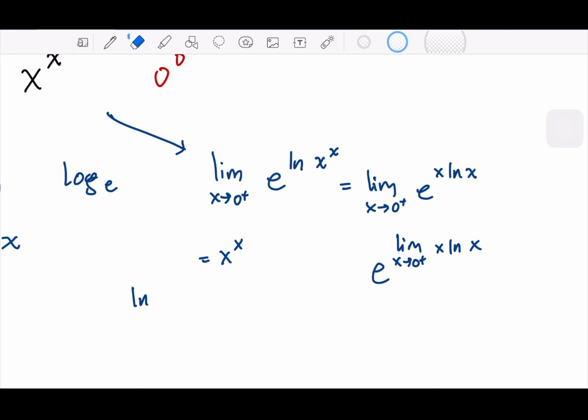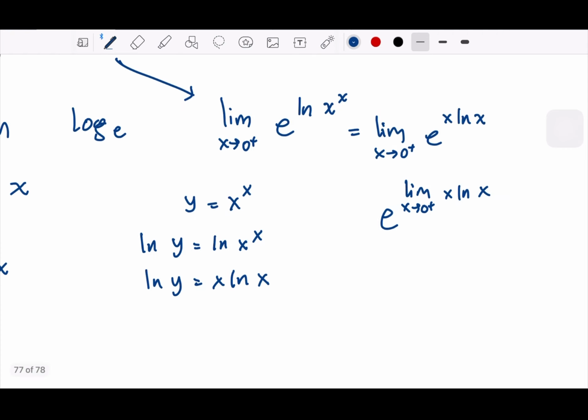I think we better use y, and then ln y is ln x to the power of x, and then you can take ln y, x ln x, and then you can solve this and attach the limit. Okay, so we attach the limit. This is another way that you can also think. It's a similar process. The difference is we are taking it separately.